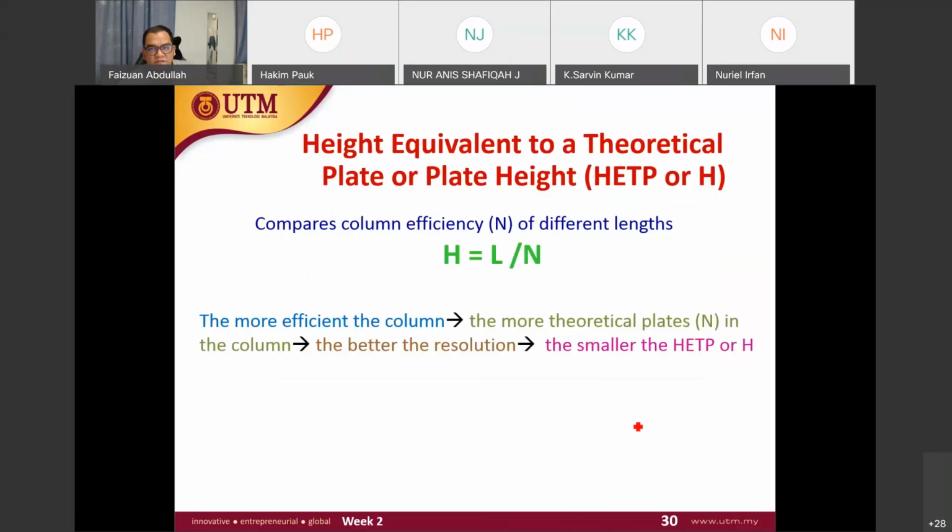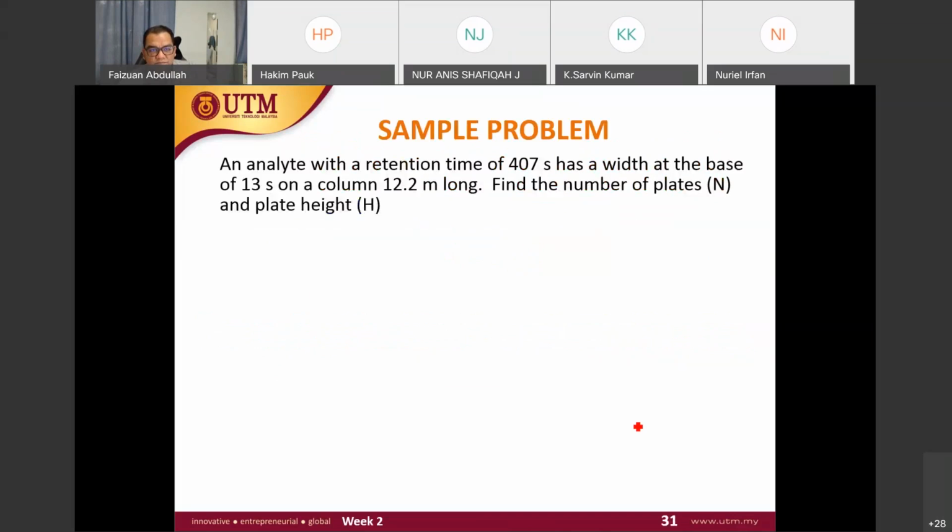The height equivalent to a theoretical plate, HETP or H, compares column efficiency N of columns of different length. The more efficient the column, the more theoretical plates N in the column, the better the resolution and the smaller the HETP or H.